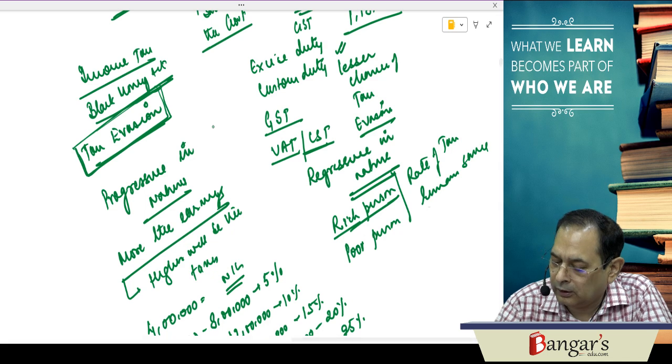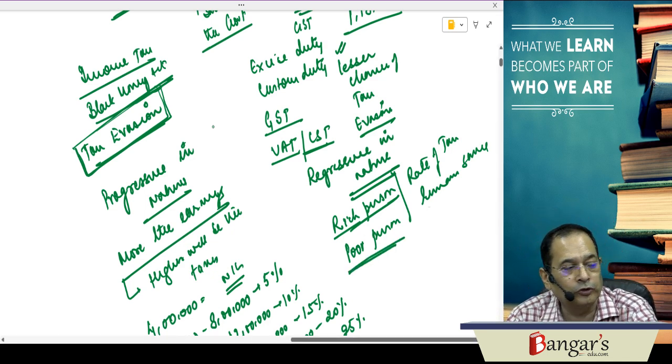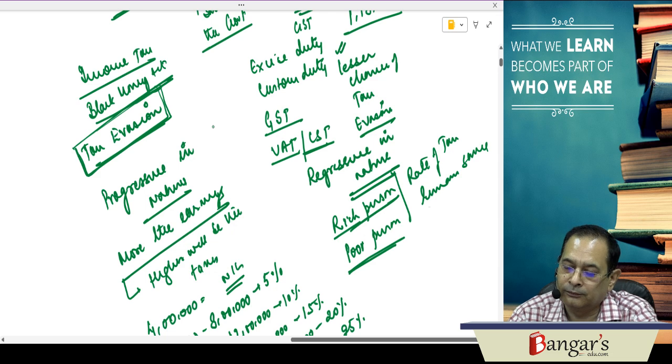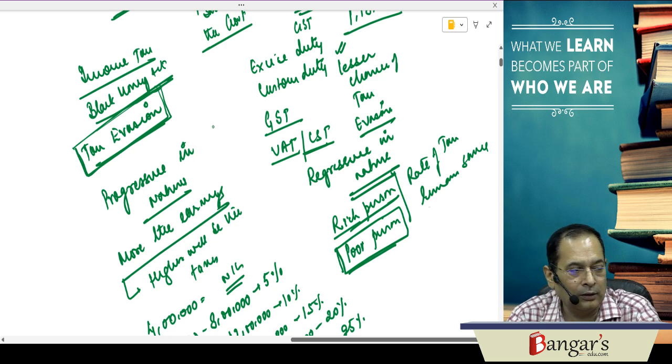So normally a poor person spends a much larger portion of their income in paying taxes in comparison to a rich person.